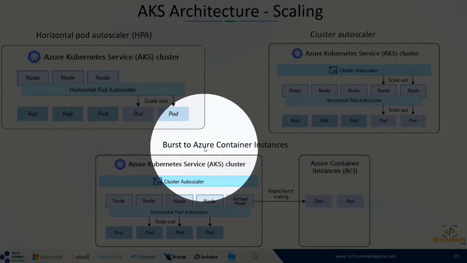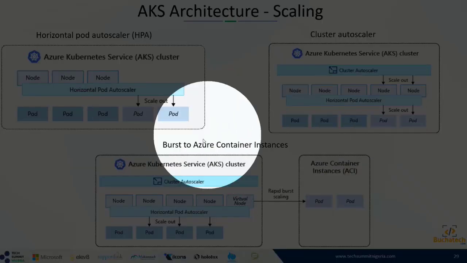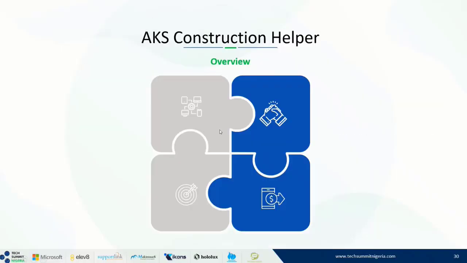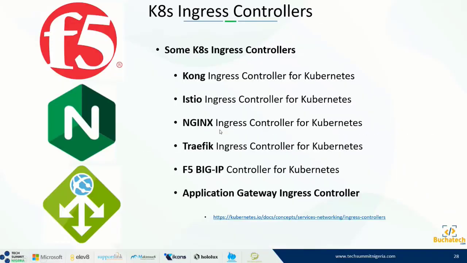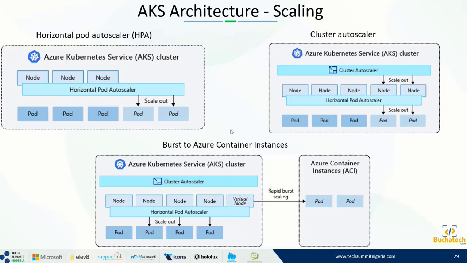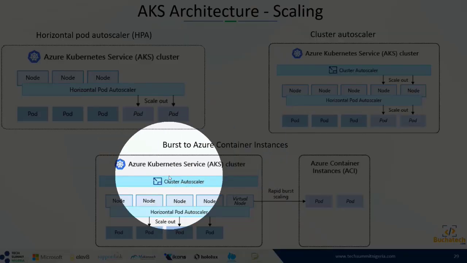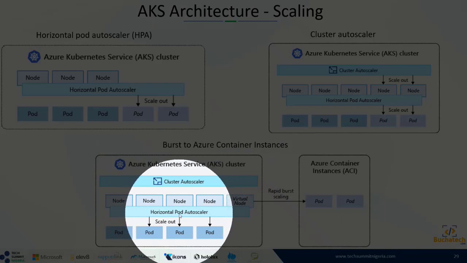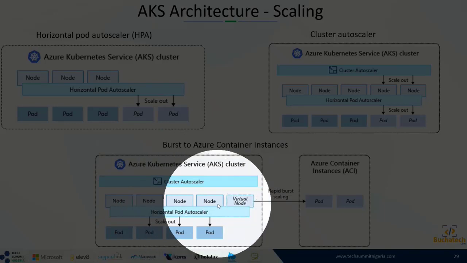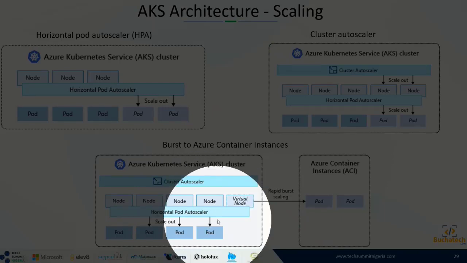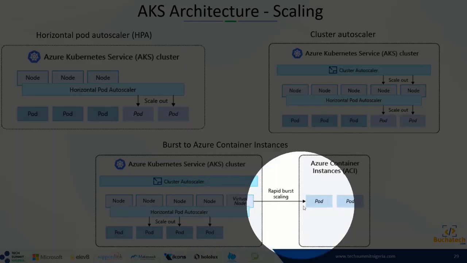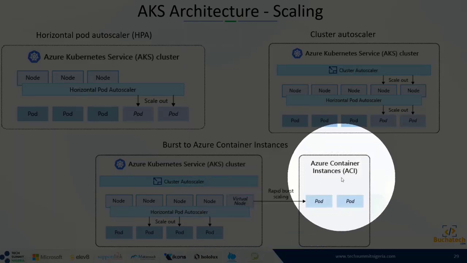There's something else here, burst to Azure Container Instances, and this is specific to Azure, right? Let me go back here. This is specific to Azure. And what this is, if you need to do scaling, instead of just scaling more nodes, so deploying more virtual machines, it will actually scale to what's called a virtual node, and it will deploy Azure Container Instances.